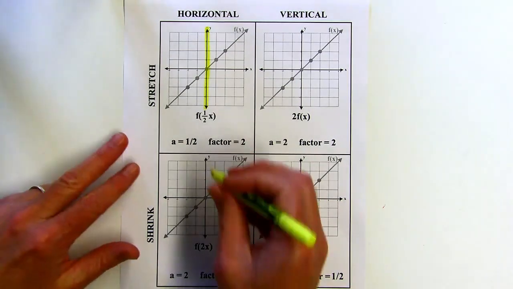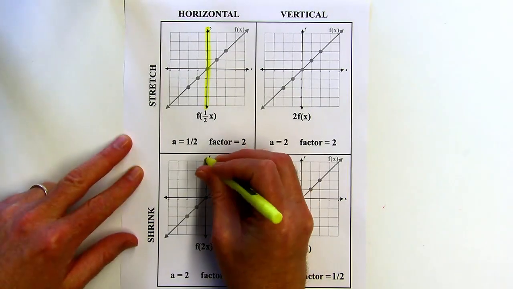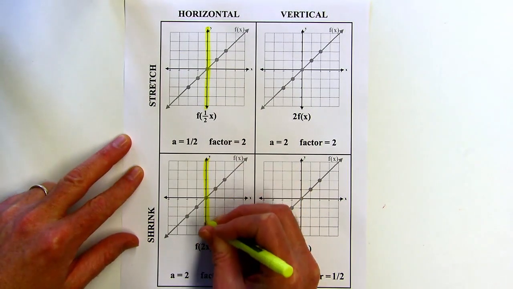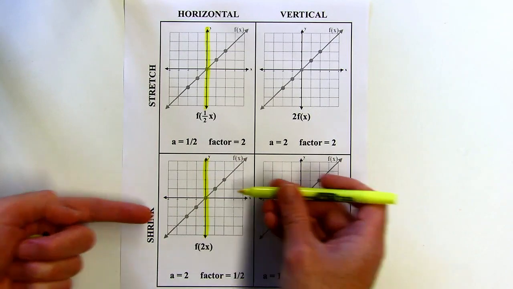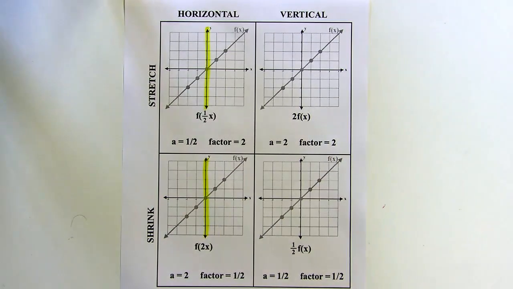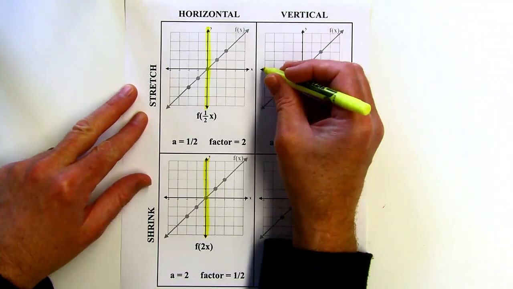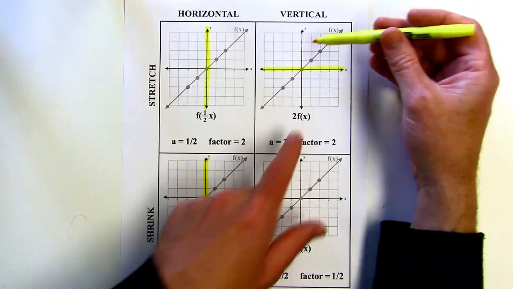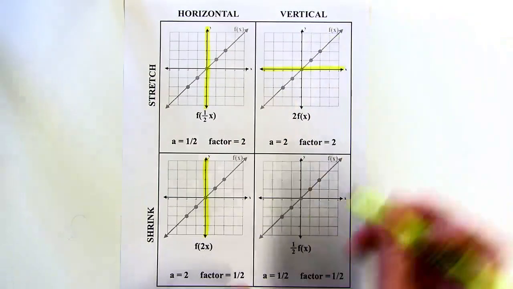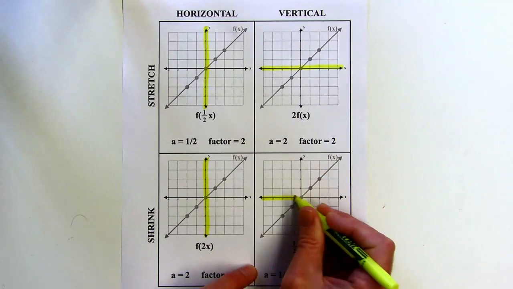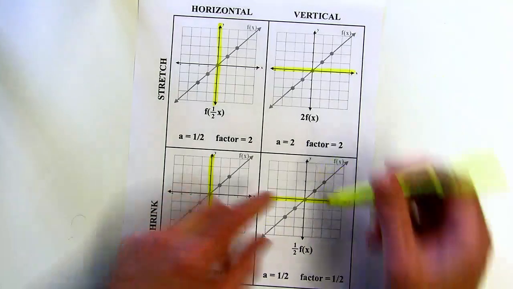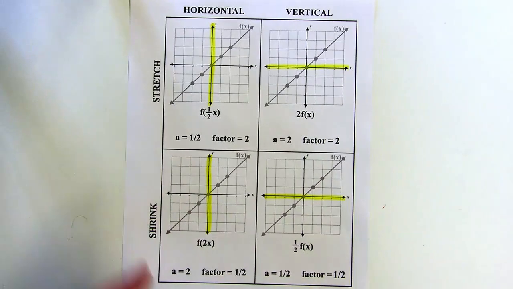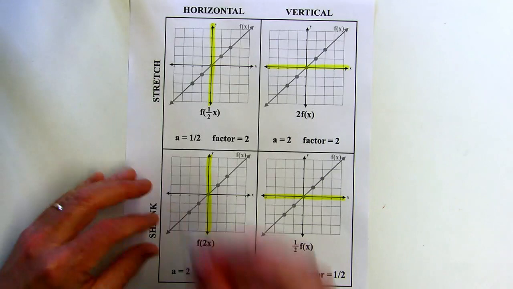Okay, so this other horizontal one, I'm going to be moving horizontally in towards the y-axis. Okay, for the vertical ones, I'm going to be moving my points up or down. So a vertical stretch would be moving away from the x-axis, and a vertical shrink would be moving towards the x-axis.